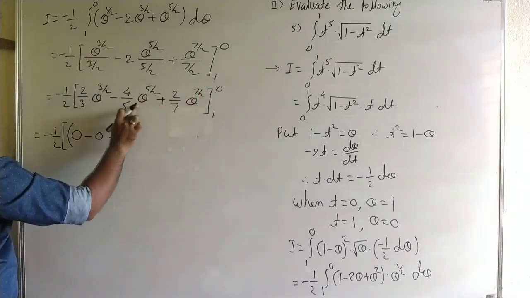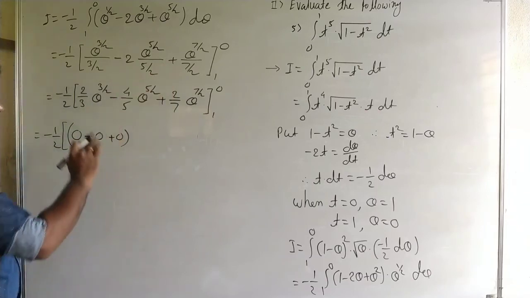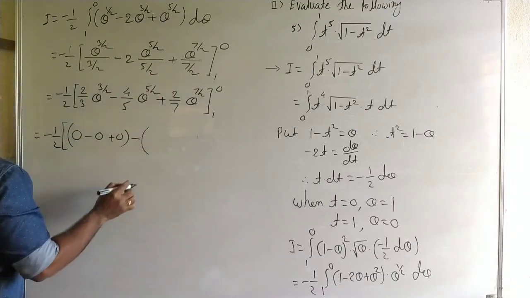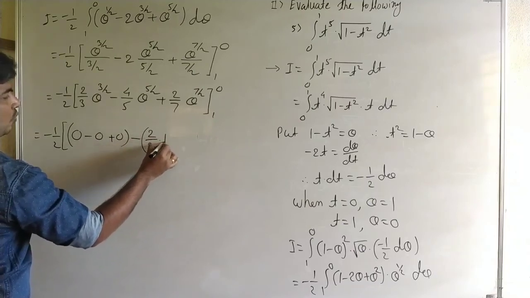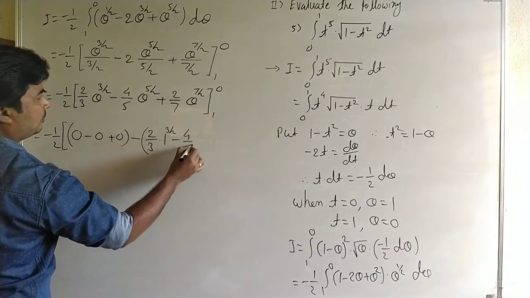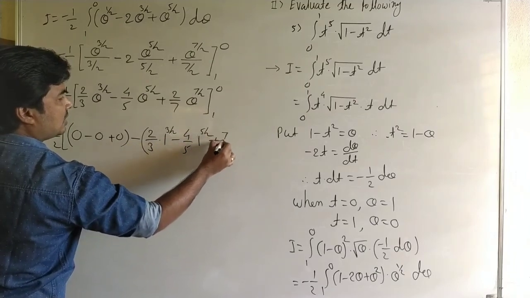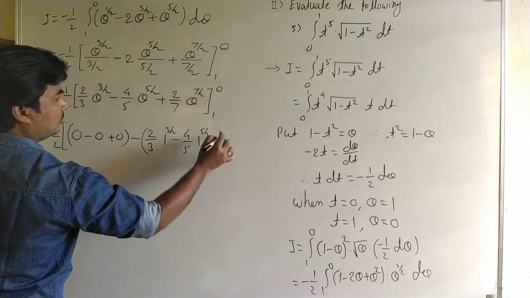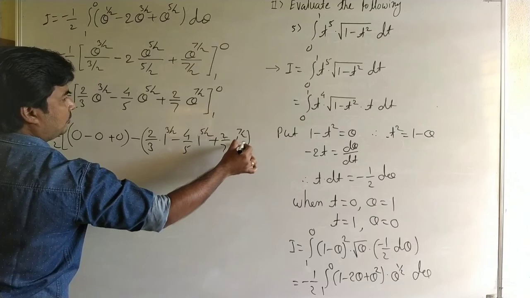When we put the upper limit, it is 0 to the power 3 by 2, 0 to the power 5 by 2 and 0 to the power 7 by 2, all terms are 0, minus the lower limit when we put 1, therefore it is 2 by 3 into 1 to the power 3 by 2 minus 4 by 5 into 1 to the power 5 by 2 plus 2 by 7 into 1 to the power 7 by 2.